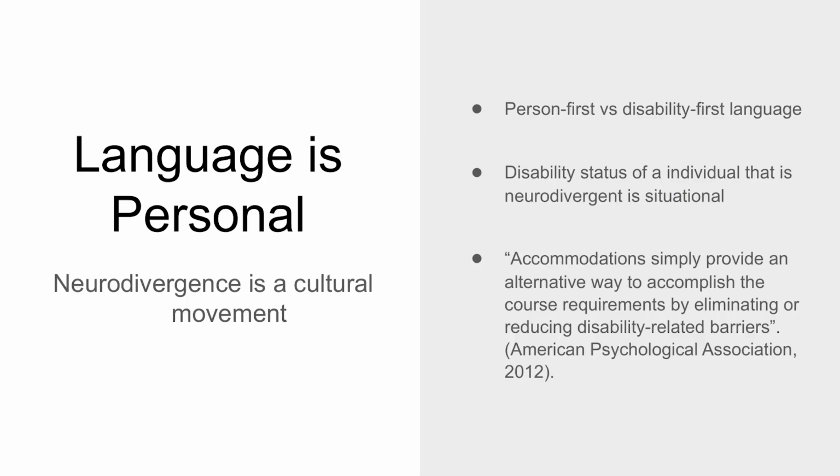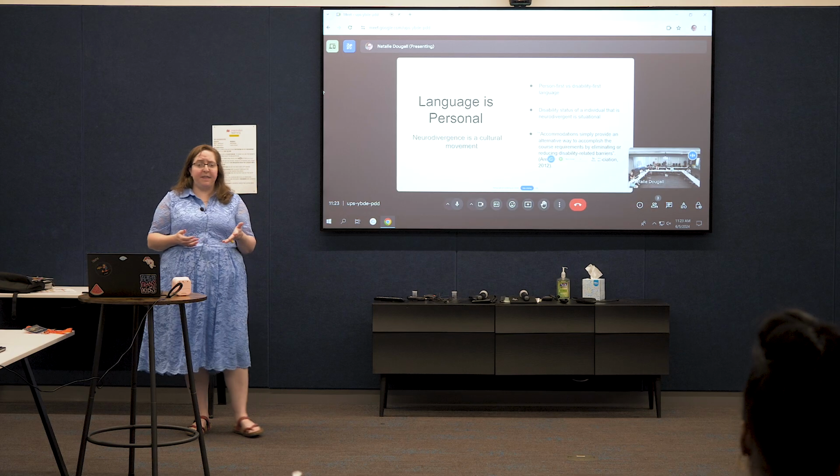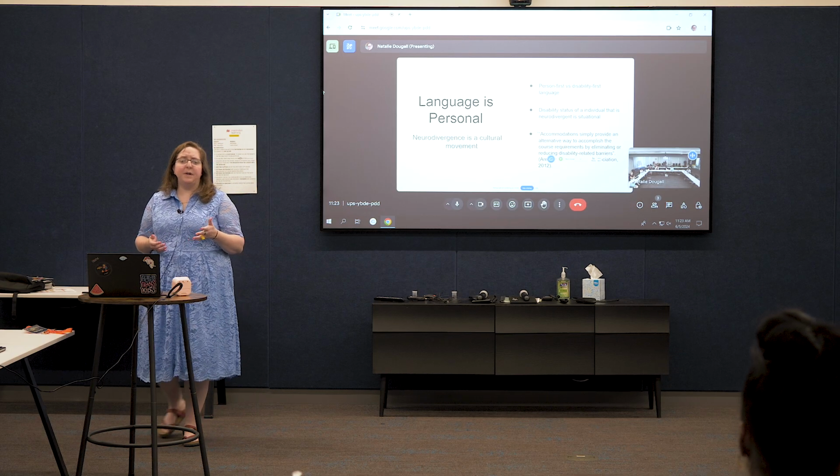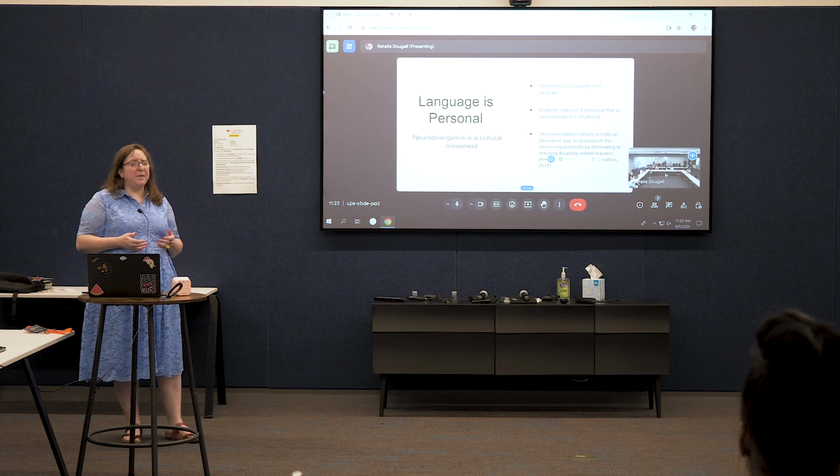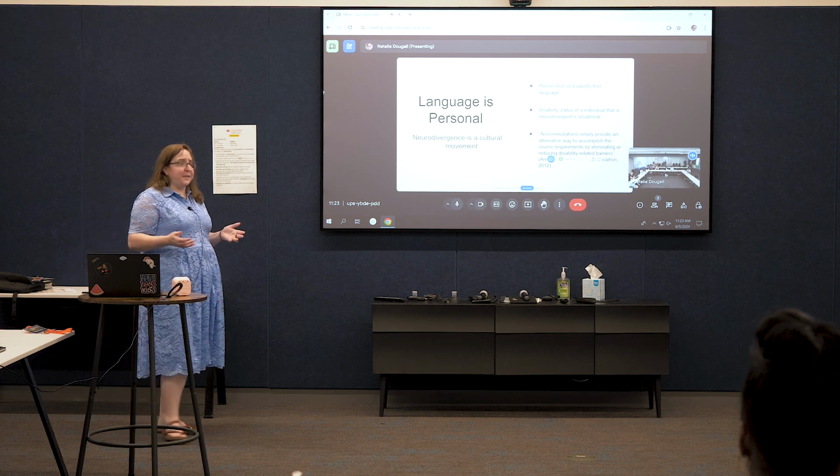And also whether or not to talk about being neurodivergent as a disability. I know that some folks will say, oh, it's not a disability. And it's also a very situational thing. Any disability is situational. A blind man is not disabled in a cave, right? So our world has been designed for the folks that lie in the middle of that bell curve. So if you fall outside of that bell curve, then you can have barriers.